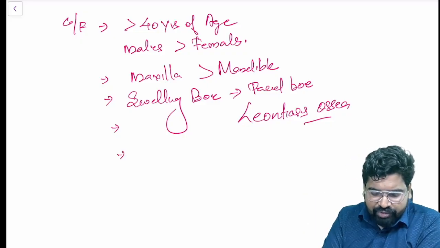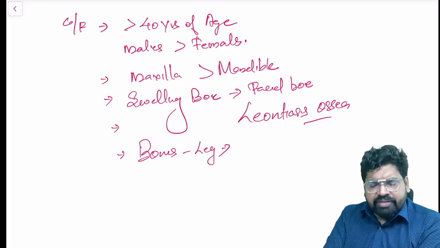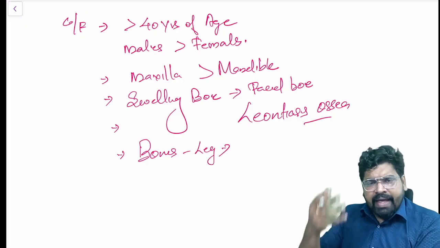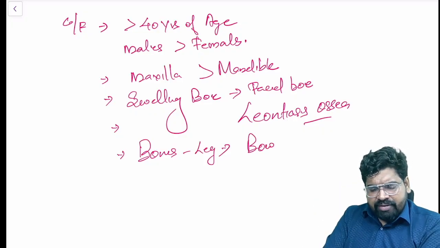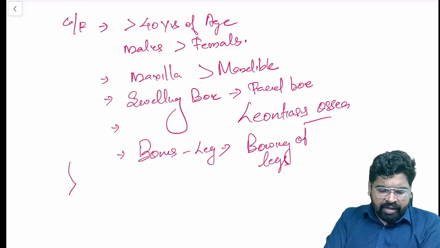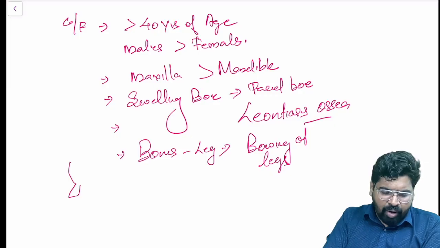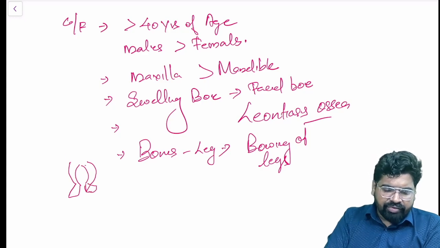Now, next, what you see is that the bones in the legs, in the appendages, will get weak. They can't bear the weight of this person, so there will be bowing of legs. It means it bends as it cannot take the weight of this person.